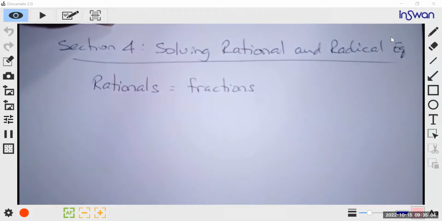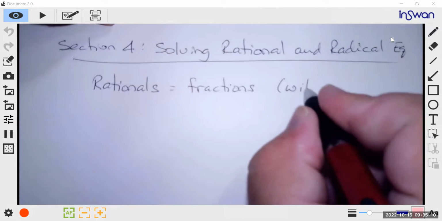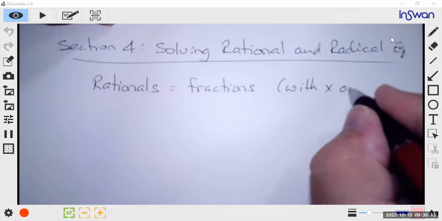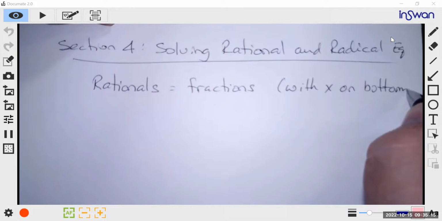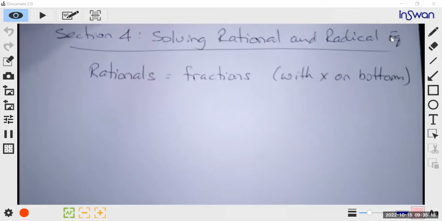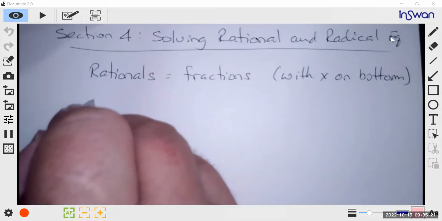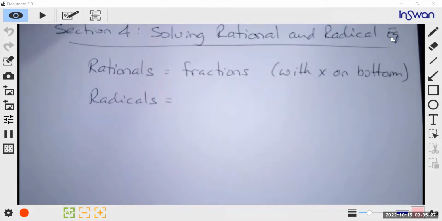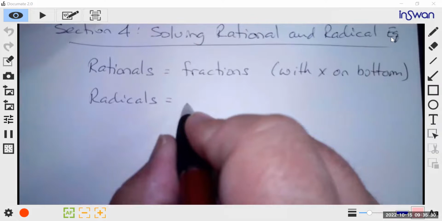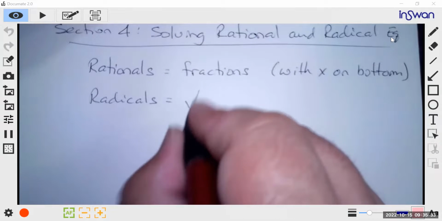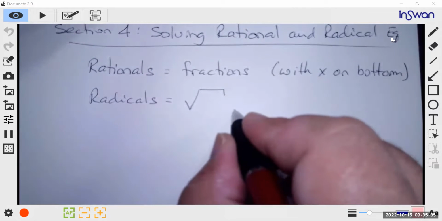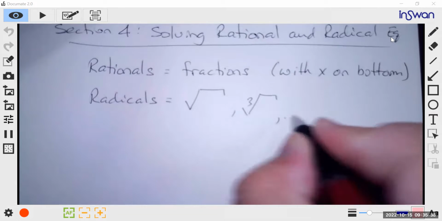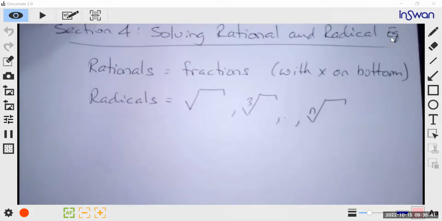Rationals are fractions, and more so with x on the bottom. Radicals are square roots or cube roots or nth roots. It's that symbol. That's a radical.